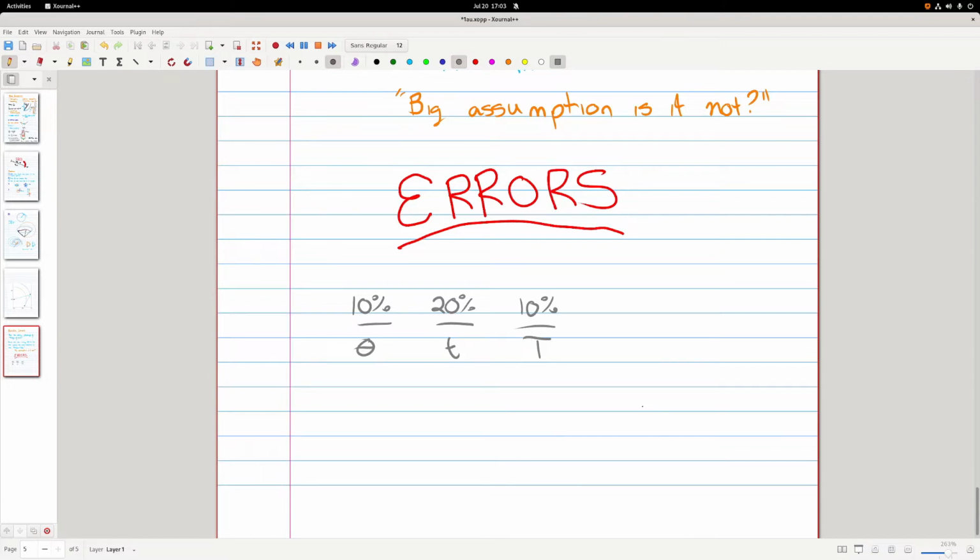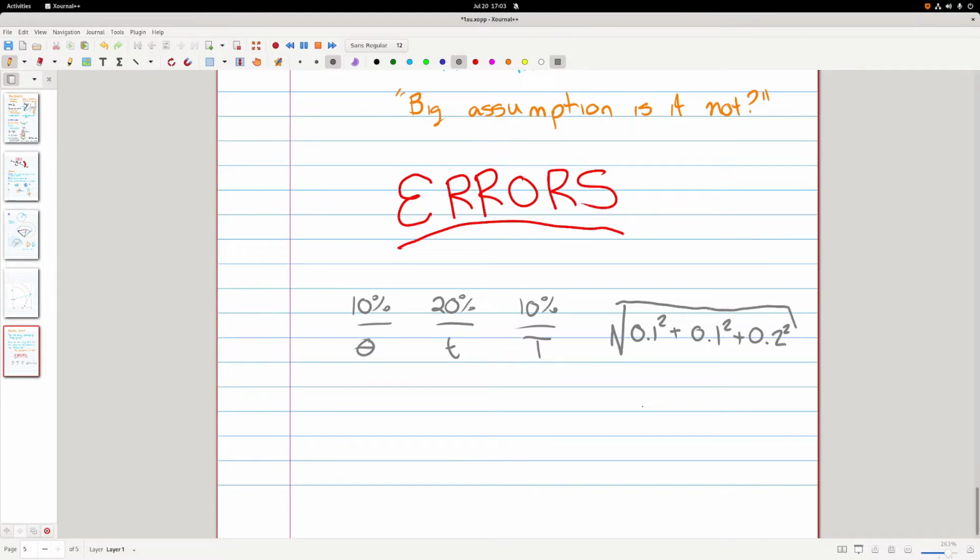These are three uncorrelated things. So these are truly independent values. And when we end up multiplying these, there's a couple of intermediate steps. The way we find the total error at the end is through a square root of the sum of the squared values. So we'd take the square root of 0.1 squared plus 0.1 squared plus 0.2 squared.